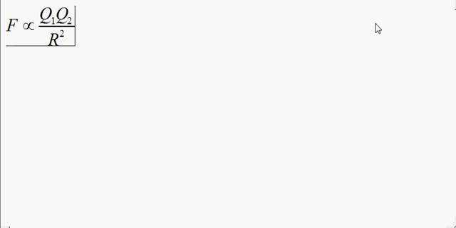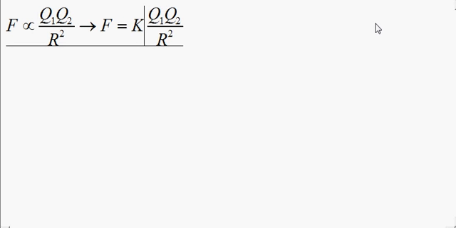Now, when anything's proportional to something else, you can set it equal to that something else with a constant of proportionality k.